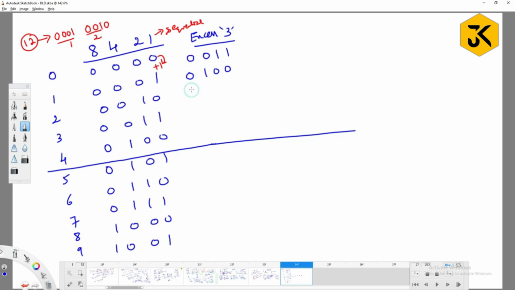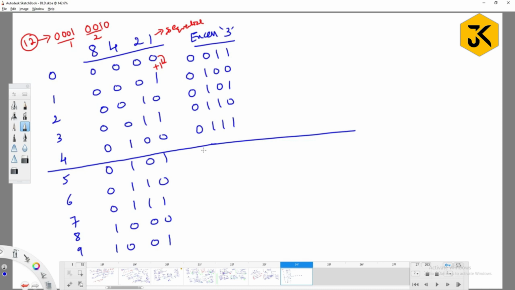2 means 0101. 4 means 0111. Why did you get 0111? 4 plus 3 is 7. Excess-3 means the existing decimal number is added with +3.